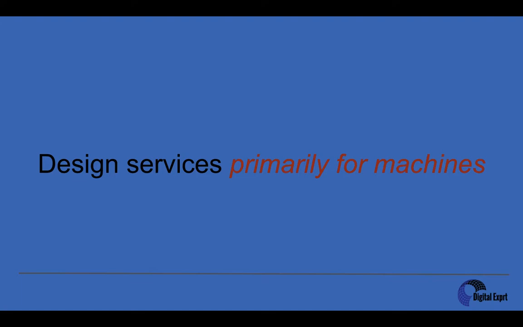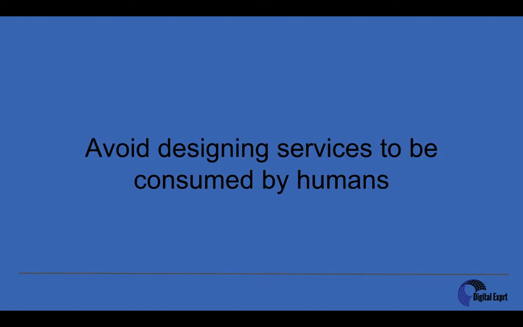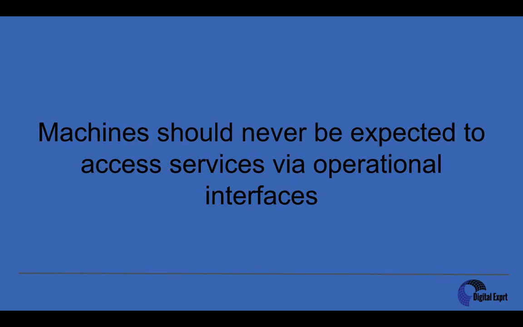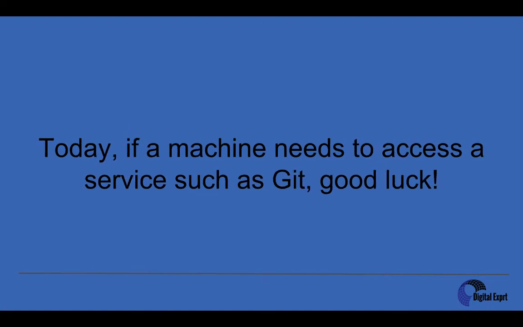I will explain what that means. We need to avoid designing services to be consumed by humans. Machines, when they talk to each other, should never be expected to access services via the operational interfaces, because operational interfaces are designed for human use.